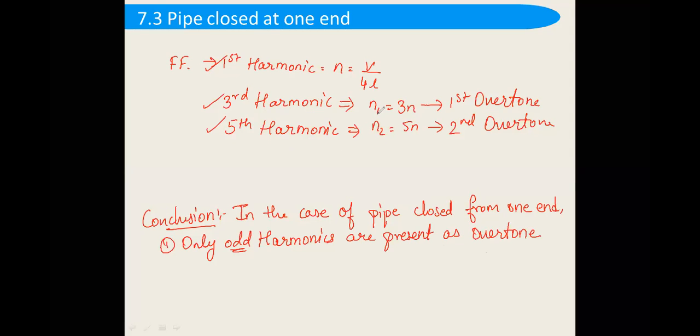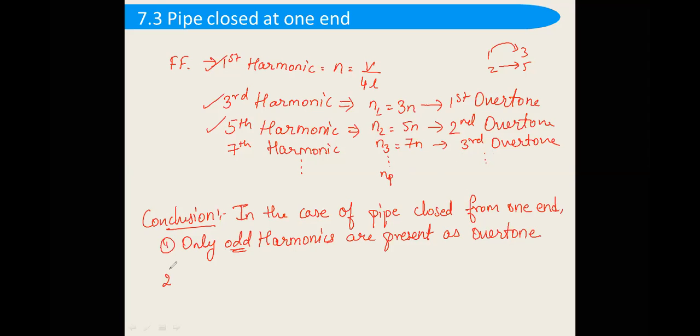So suppose this is 1, for 1 we are getting 3, for 2 we are getting 5. If I want to write n3, this will be the third overtone. What will be the next odd number after 5? This will be 7n, called the seventh harmonic. Like this, I want to get np.